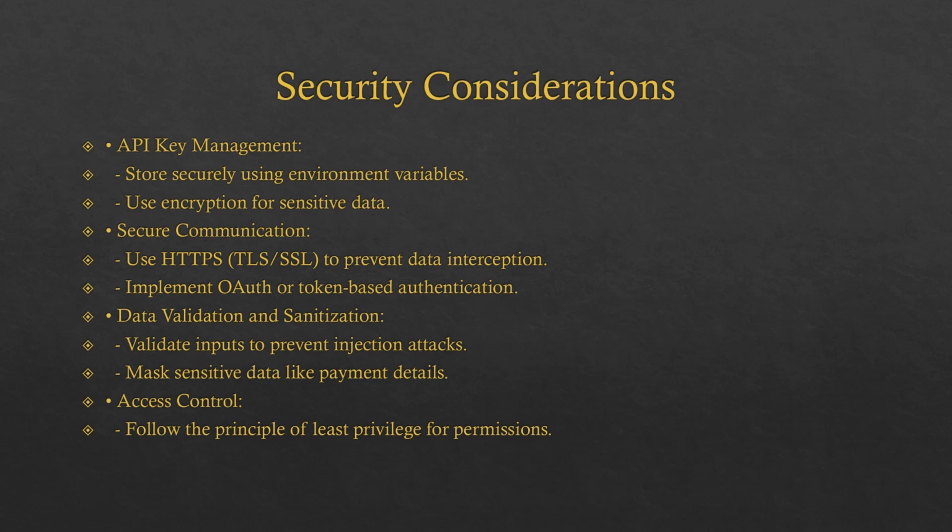Ensure all communications between our system and external services are encrypted using HTTPS or SSL/TLS. Implement OAuth or token-based authentication to safeguard access to APIs, and always validate and sanitize inputs to prevent injection attacks. Also follow the principle of least privilege when setting access controls to minimize exposure to sensitive data.